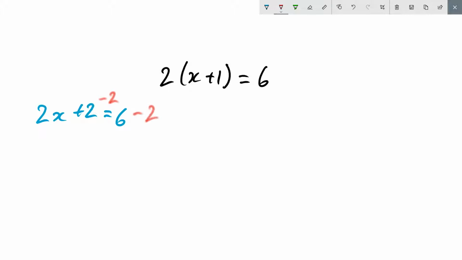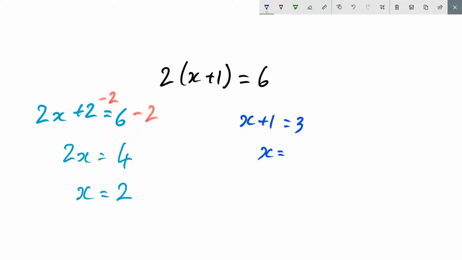Subtract 2 on both sides. 2x equals 4. Divide by 2, x equals 2. Do it on the other side and just divide first. Get x plus 1 equals 3. Subtract 1. x equals 2. So both ways we can see that we got the same answer.